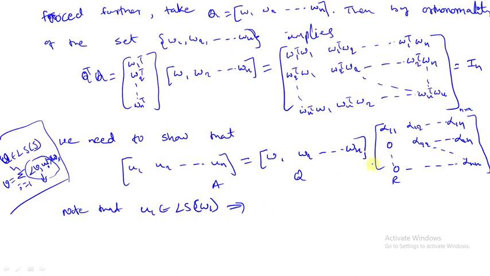That means alpha 1 1 is the inner product of u1 and w1.